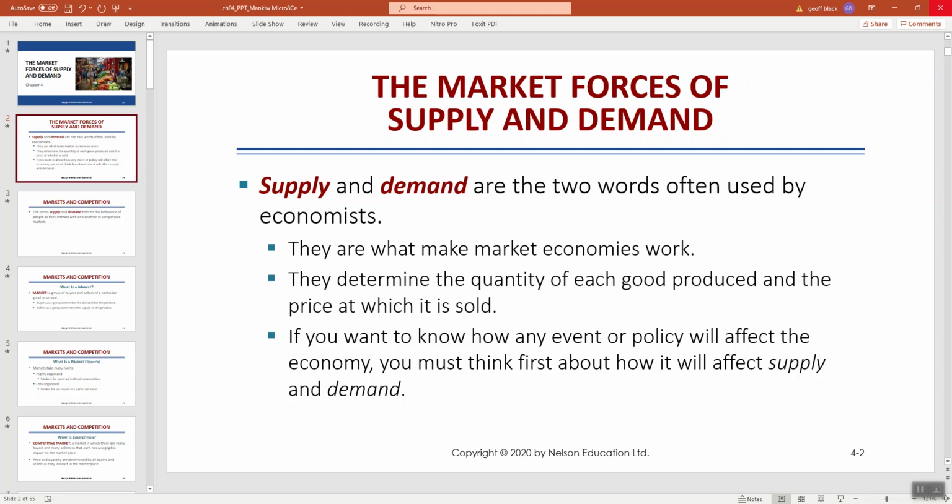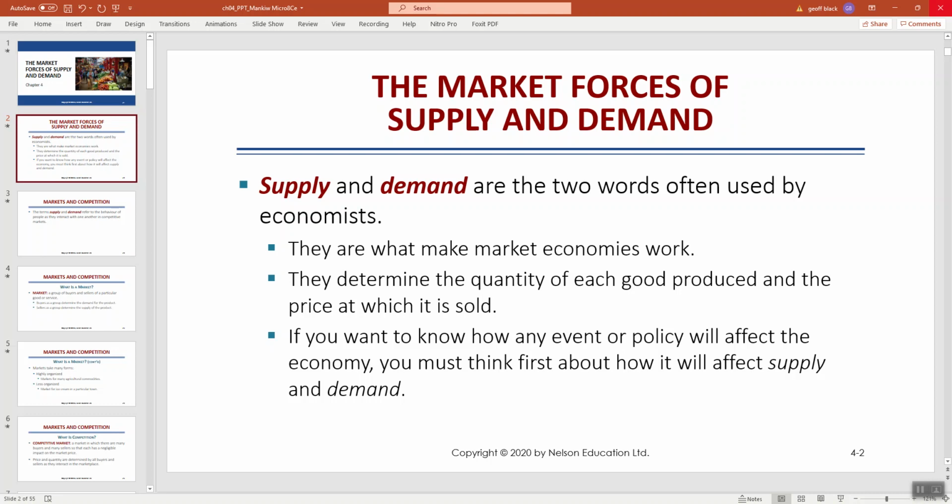They determine the quantity of goods produced and the price that it's sold. Okay, so the supply of a good and the demand for that good determine the price of it. Obviously, if there's a lot of something and a little demand, the price will be low. But if there is a really high demand for something and it's in limited quantity, the price will be high. Okay, and we're going to graph this and really try to understand these forces.